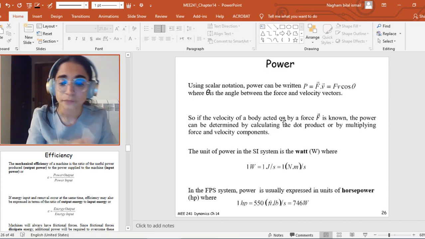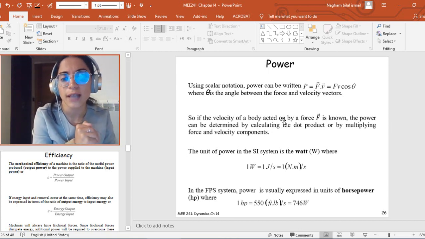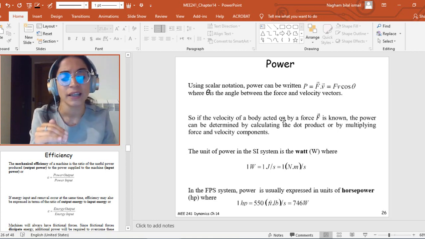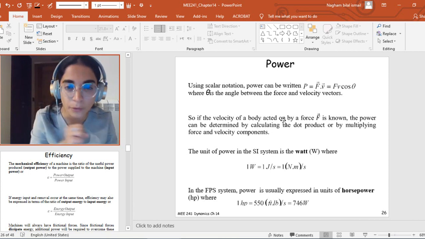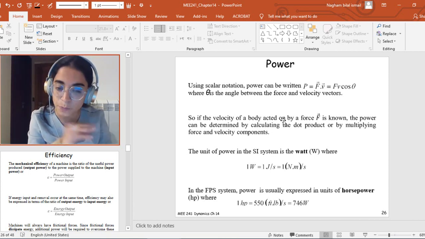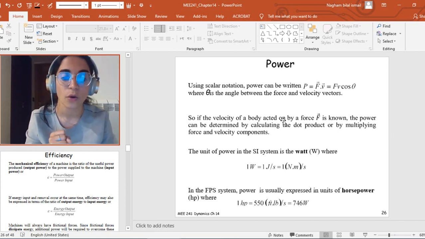Now guys, in US units, I can use the horsepower. I'm sure you heard about this unit, right? So the horsepower is equal to 746 watts.